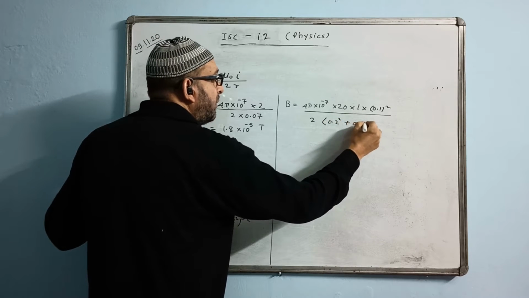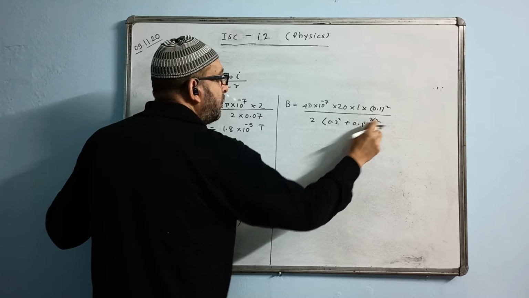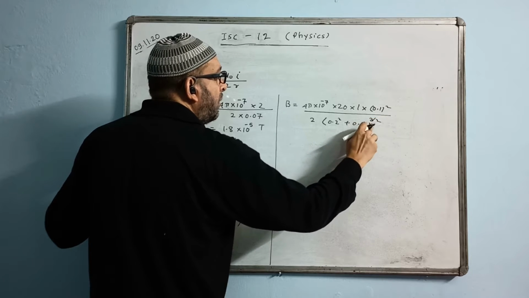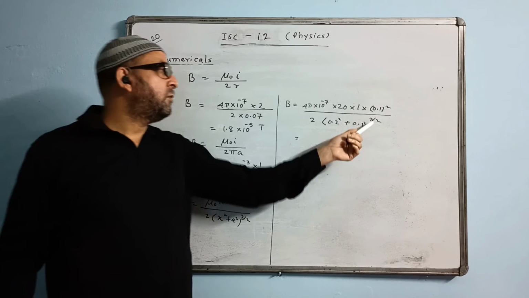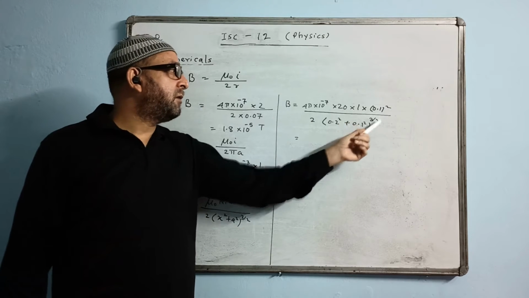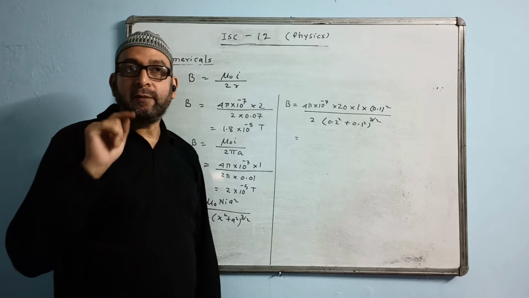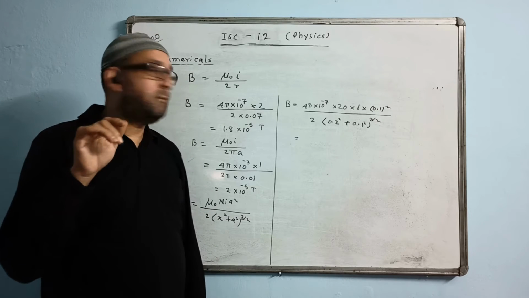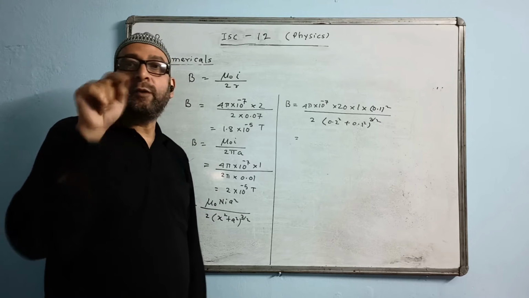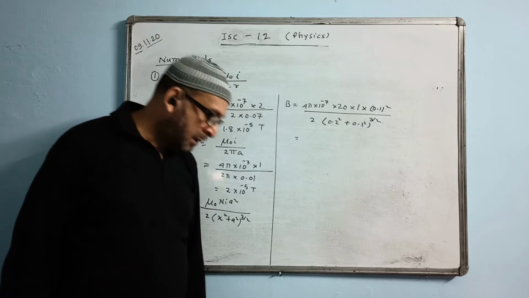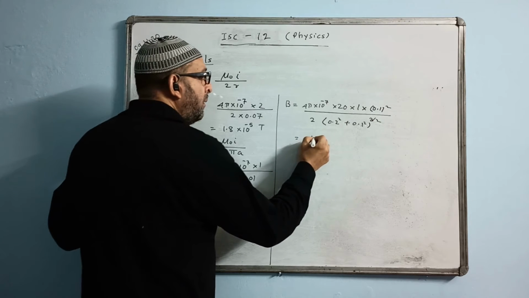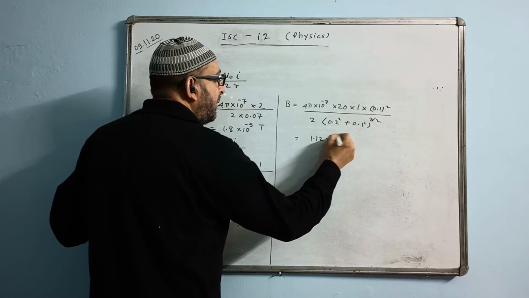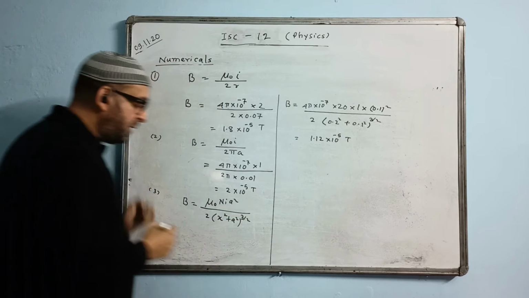Square plus A, 0.1 square, power 3 by 2. Now use the calculator. In the power, instead of writing 3 by 2, you can add 1.5. Place the power sign in the calculator, add 1.5 and calculate the answer. The answer will come 1.12 into 10 to the minus 5. That is the answer.